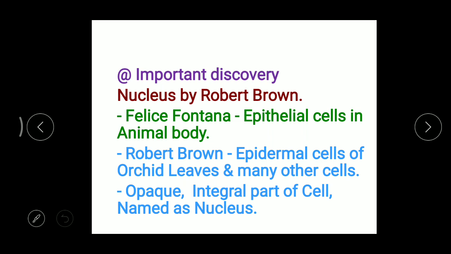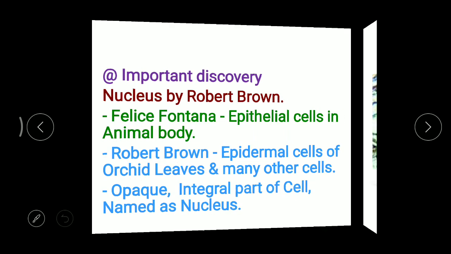Opaque means like a dark staining body. He saw it as an important part of the cell, and he called that structure the nucleus. So when you get a question, who discovered the nucleus, you can say that it is Robert Brown. It is Robert Brown, right?